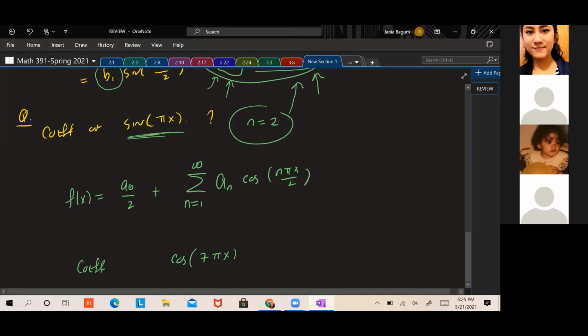Find the formula for an, and then figure out when this will occur, so that way you know what n you're looking at, and then you can just plug that into your formula for an. Does that make sense? Yeah, okay, thank you.